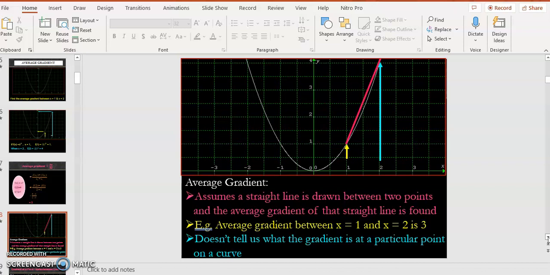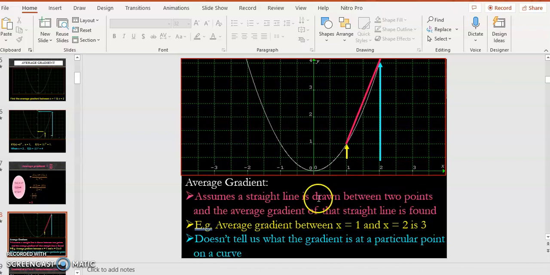Now this is leading us to something else. All right, I'll give you more questions on the average gradients, but I want us to move to something that I'm going to tell you later. Okay, average gradient. It assumes a straight line is drawn between 2 points.